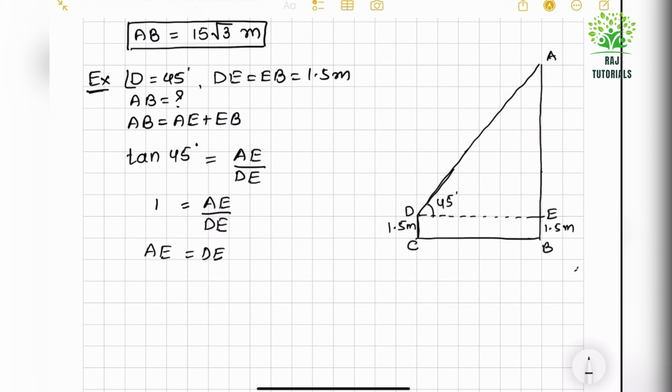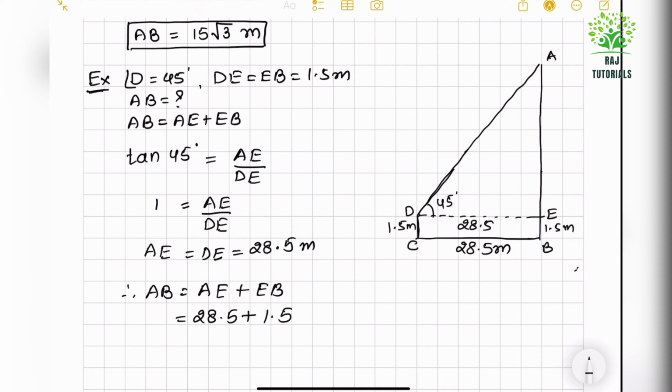Let us say this distance is something like 28.5 meter. So this distance also will be the same. So both distances will be equal to 28.5 meter. Therefore AB will be nothing but AE plus EB. So AE is 28.5 plus 1.5, that is the height of the person. So this will be 30 meter.